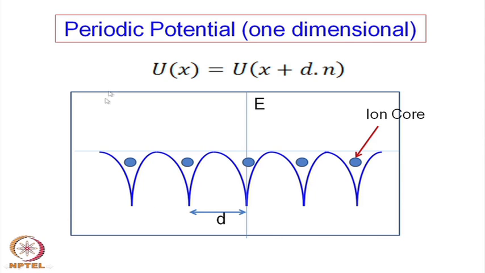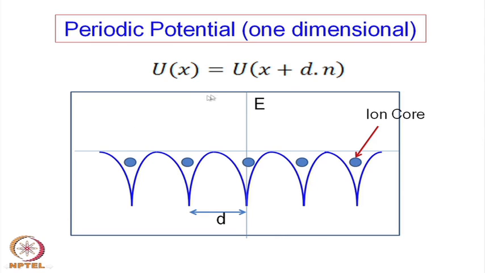This is what they call a periodic potential, one dimensional. It can be considered one dimensional or three dimensional, and three dimensional solutions are much more difficult. However, people have tried one dimensional problems, solved them and found the ultimate effect.